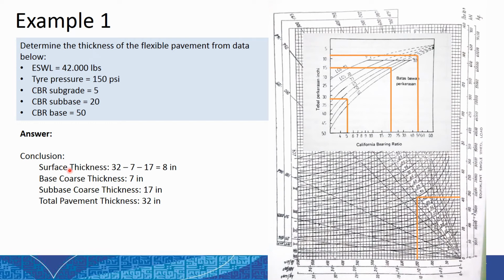So the surface thickness is 8 inch, the base course thickness is 7 inch, the subbase course thickness is 17 inch, and the total pavement thickness 8 plus 7 plus 17 is 32 inch. So this is how we use the LCN method to determine the thickness of the flexible pavement here.